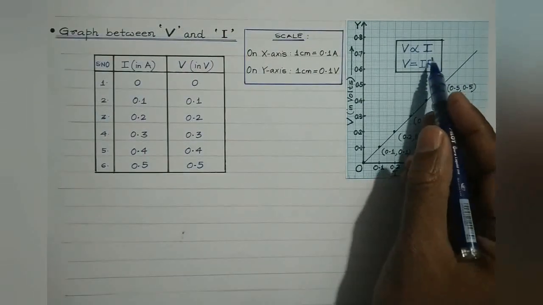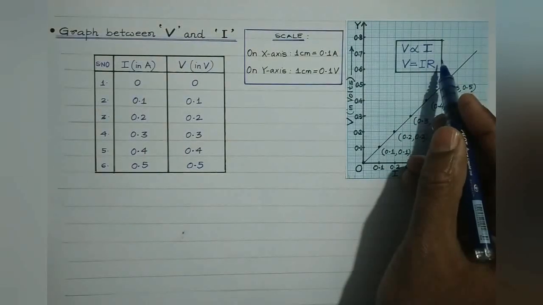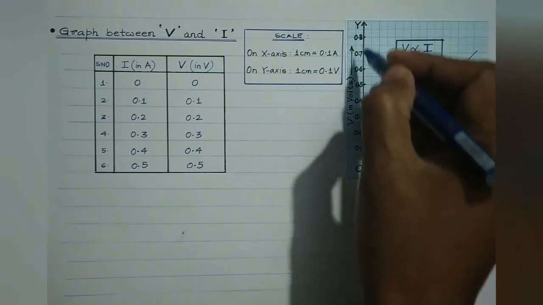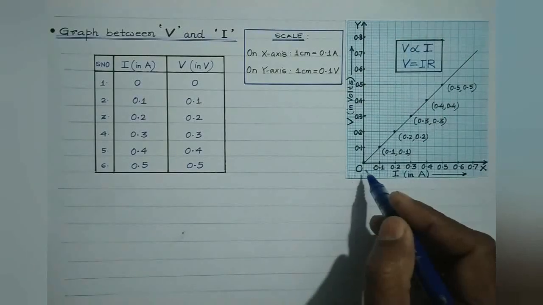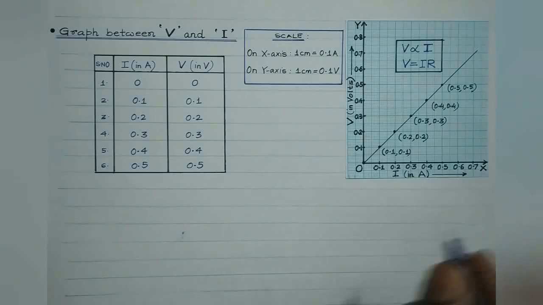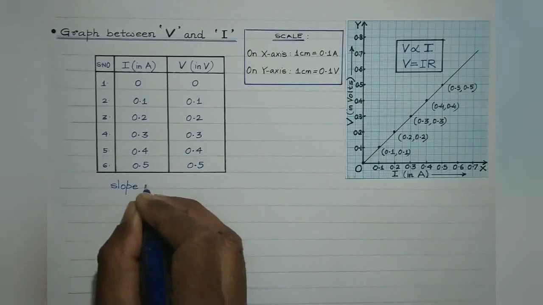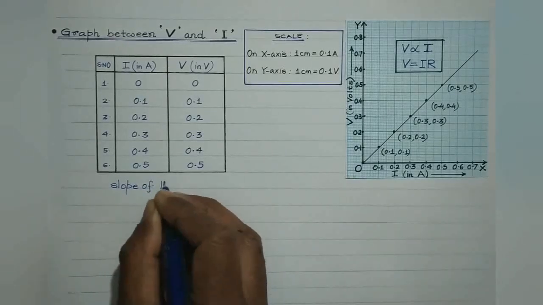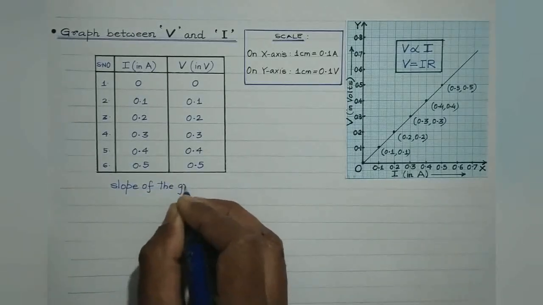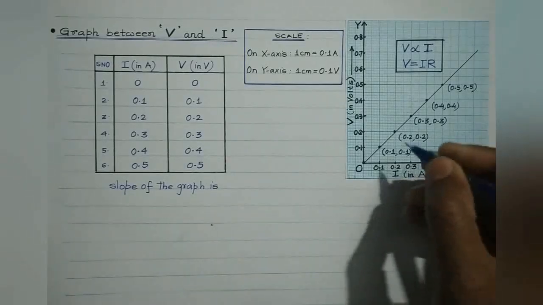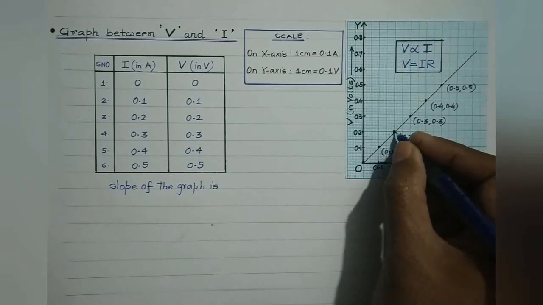The value of this constant R can also be determined with the help of this graph. Now the y-axis represents the voltage, the x-axis represents the current. Therefore, the slope of the graph is y2 minus y1 divided by x2 minus x1.